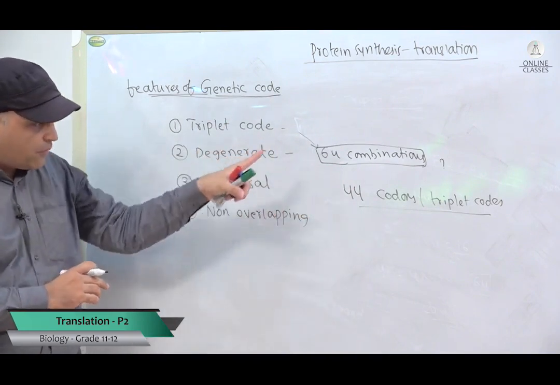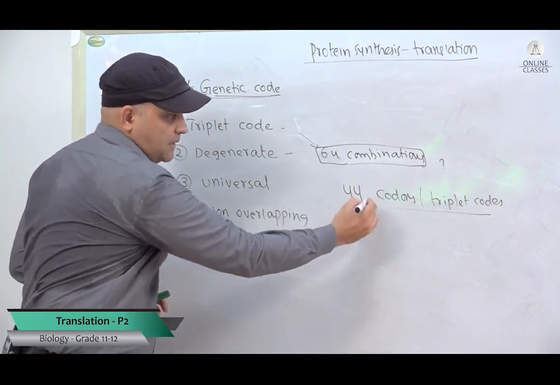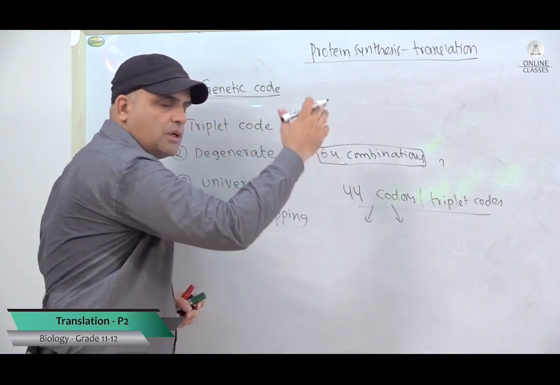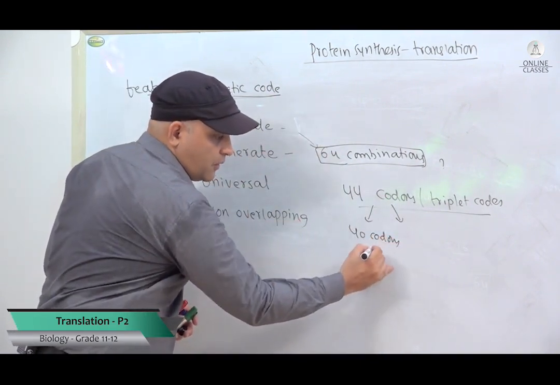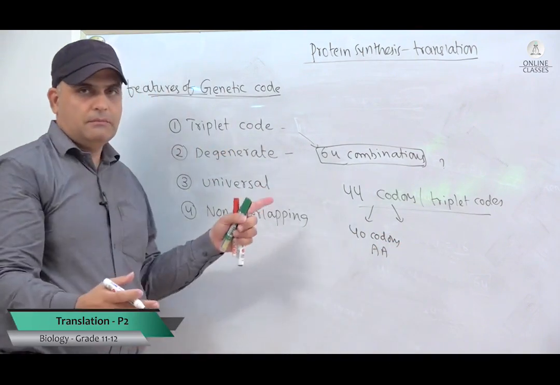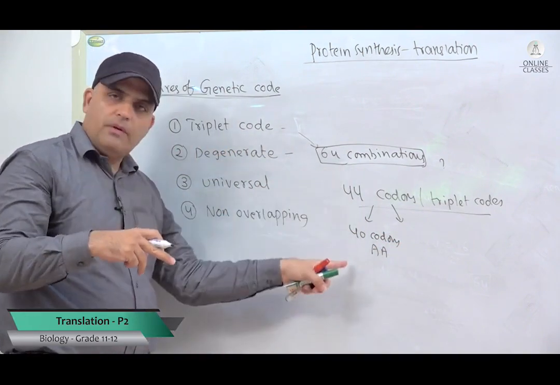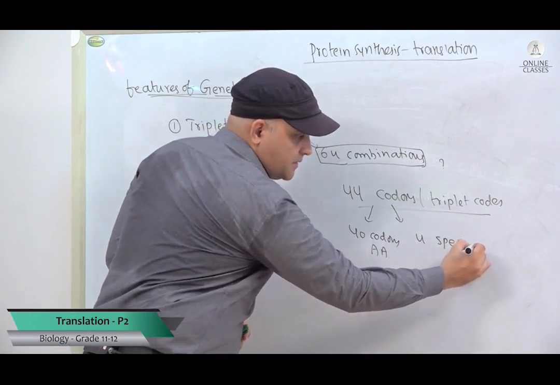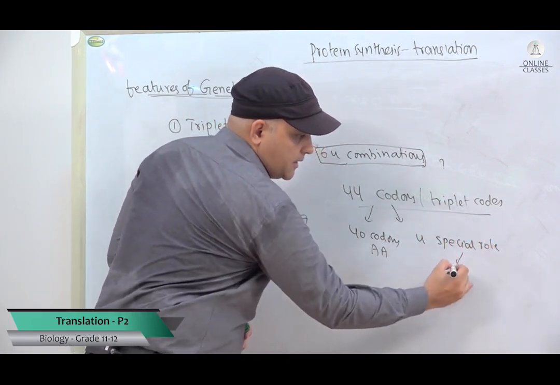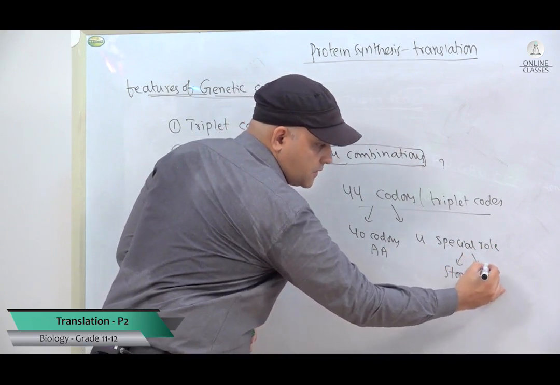So out of these 44 remaining codons, after 20 have been given to 20 amino acids, 40 again are used for amino acids only. 4 have a special role to play. We'll discuss that special role. There will be the stop and the start codons.